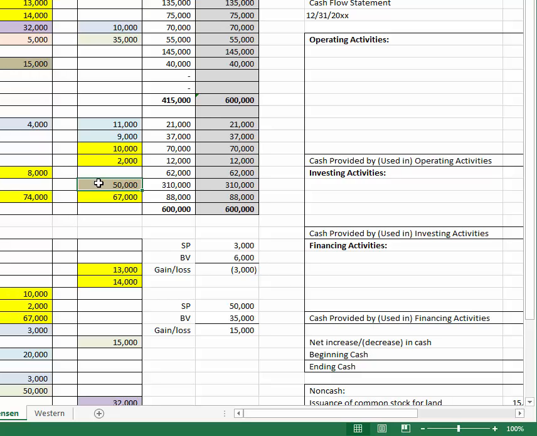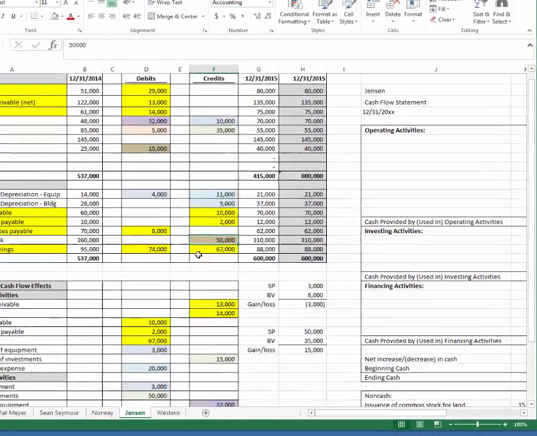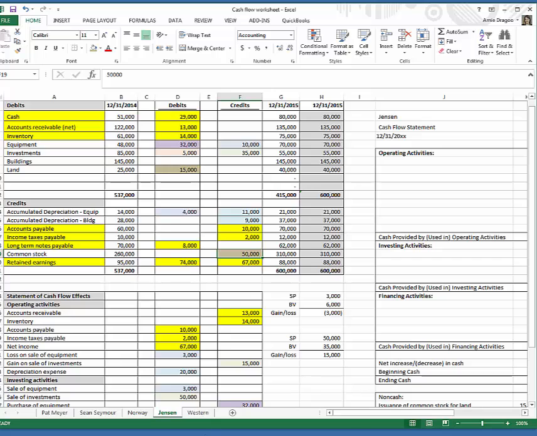If the problem didn't say anything about a non-cash exchange, you would have two drop downs. You'd have land down in investing as an offset, as a credit, and you'd have $50,000 down in financing for the stock piece. So you would just bring those two down independently. But with the non-cash exchange, there was some offset up here that was non-cash.